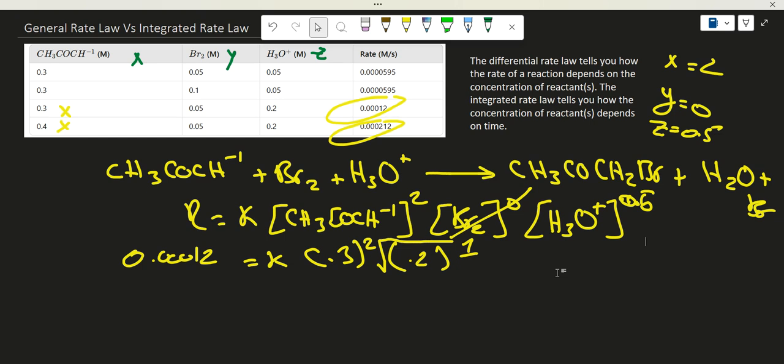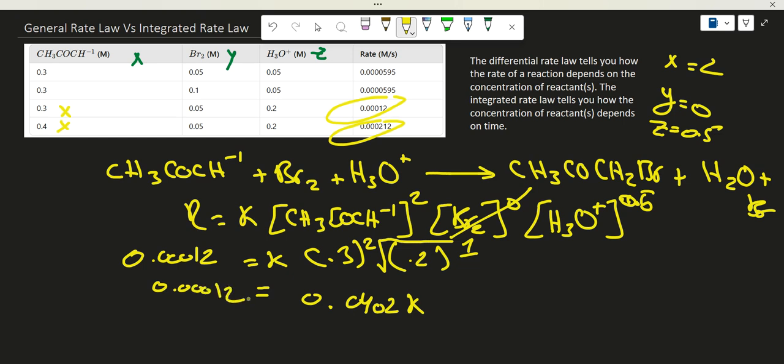So you have 0.3 squared, which is 0.09, times the square root of 0.2, which will give you 0.04. Back to the equation: 0.00012 equals K times 0.0402.